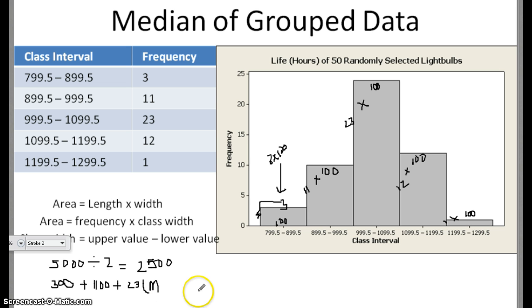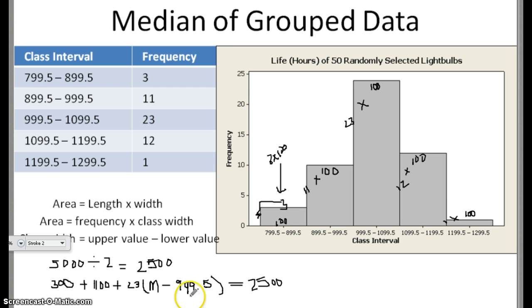So I'm going to use M for median minus the lower value of the class, 999.5. The sum of the first rectangle, second rectangle, and this rectangle, which we don't know how much of, that's why we have the variable, is going to be equal to exactly half the area, 2,500.